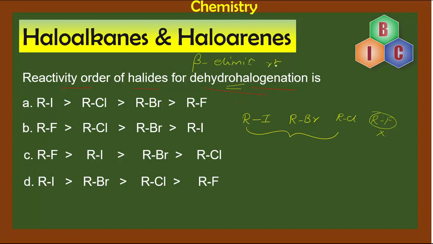I repeat once again. If I write all the halogen members, fluorine, chlorine, bromine, iodine and astatine, we are not all the time considering astatine because it is a radioactive element. So leaving that, when we talk about halogens, we always talk with respect to these four.